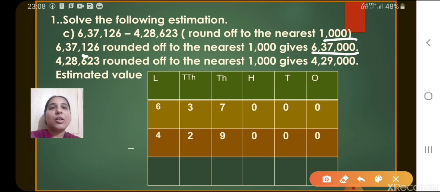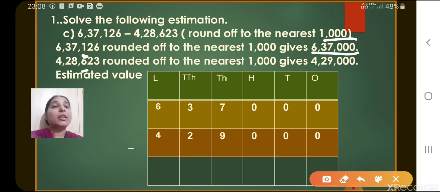Okay. Now look at the subtrahend, which is 4,28,623. So to round it off to nearest 1000, we will see the digit at the hundreds place, which is 6, which is more than 5. So what will be the round off of 4,28,623 to nearest 1000?